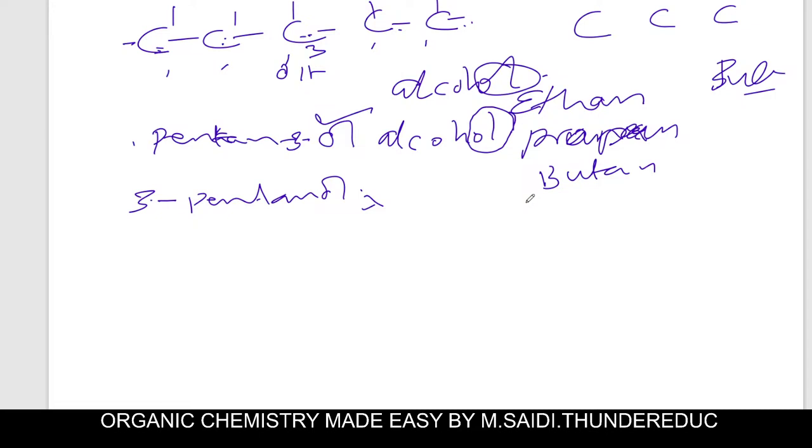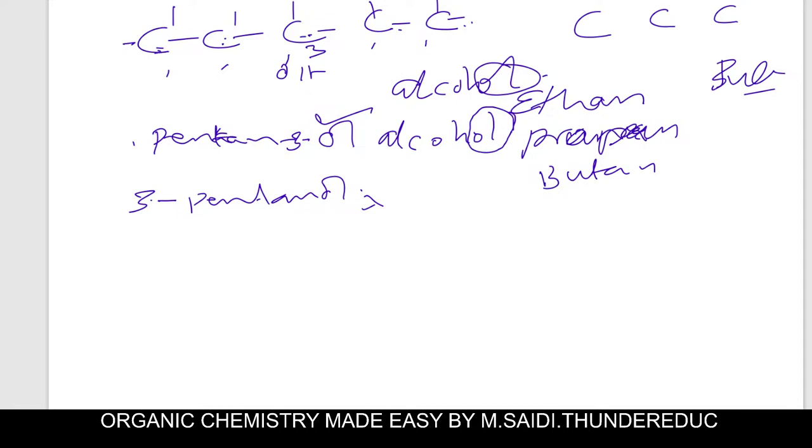Simple. You change the secondary into tertiary. Simple. So this organic thing is just to understand. You don't need to cram. There is no too much memorization. No, man. You don't need to memorize too much.